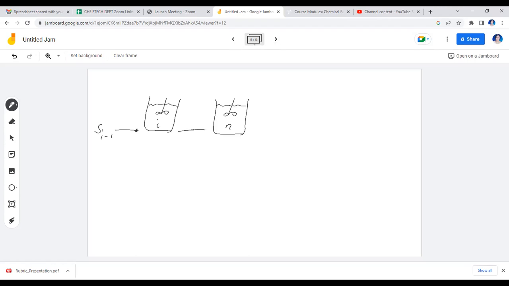This is S sub I, and this is S sub N. You have here capital WN, capital WI, and you can have here that's already your omega N plus 1, the small w, and we have here your omega I plus 1.